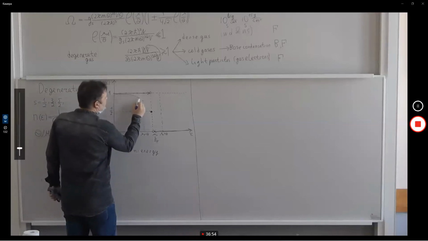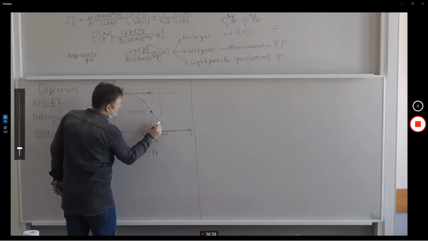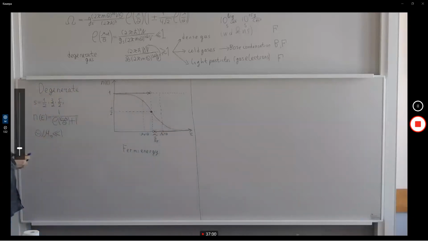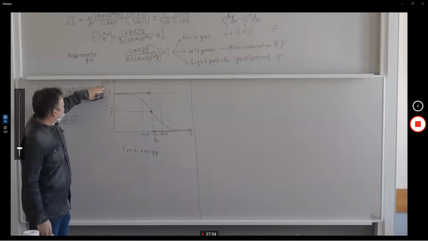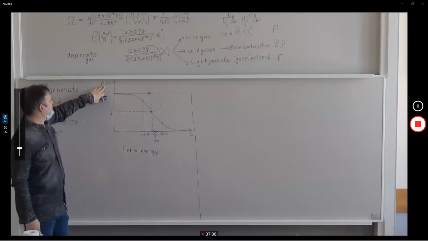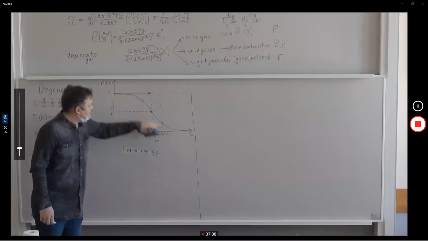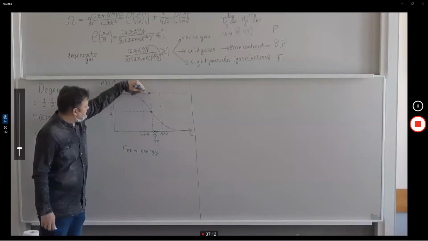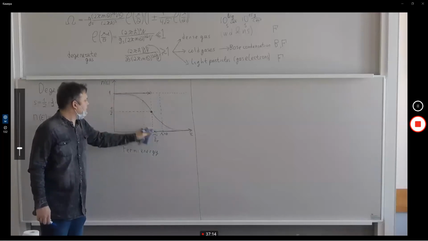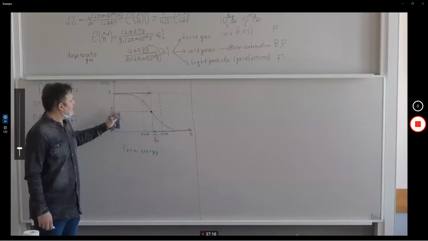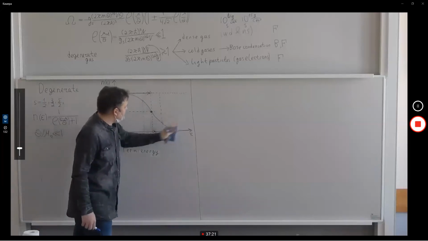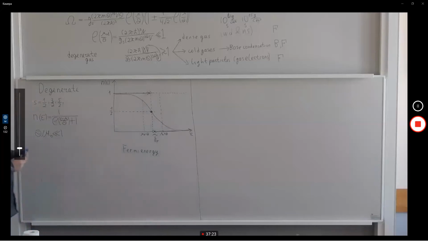So I have the shape of the occupation numbers curve like a ladder, but now it's not rectangular, but it has a smooth transition between occupied states and empty states.